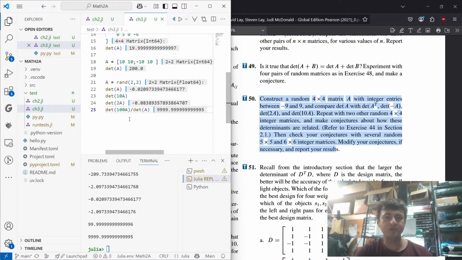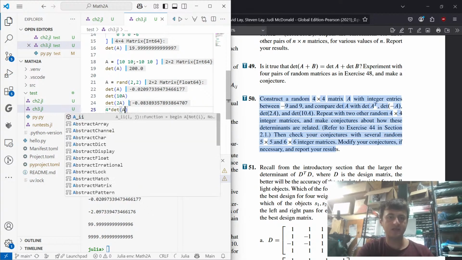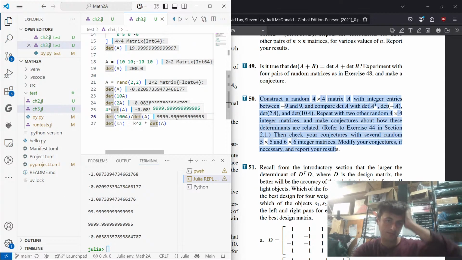So I think it might be, if you have det A, KA, is that going to be equal to K squared times det A? I think that might be true. Because look, let's do 4 times det A. But why is that true?